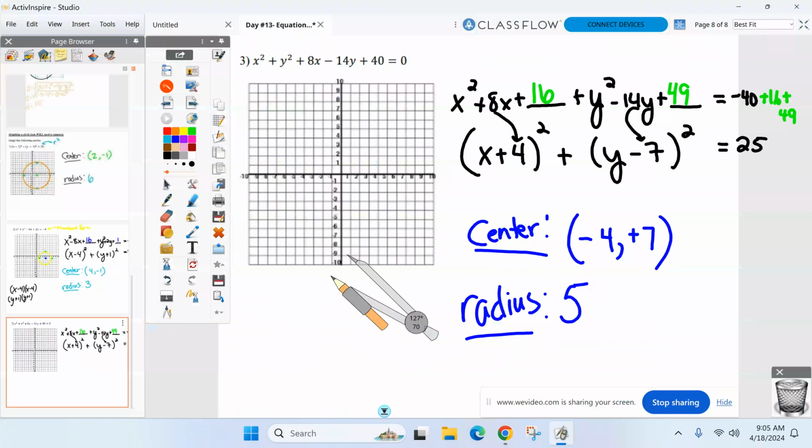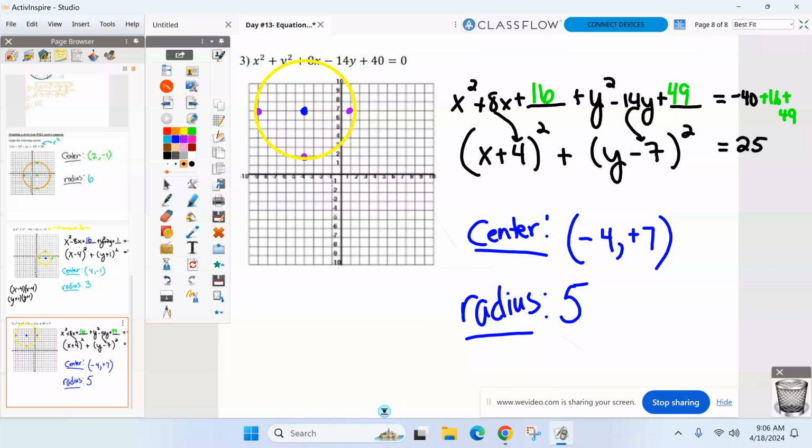I think it goes off your graph a little bit. Sorry about that. And there it is.